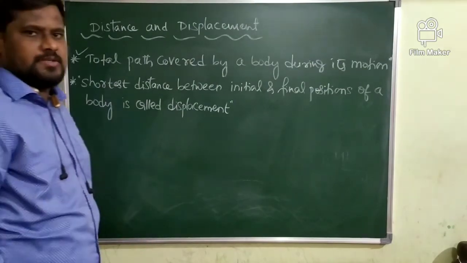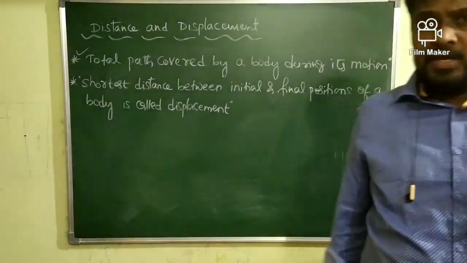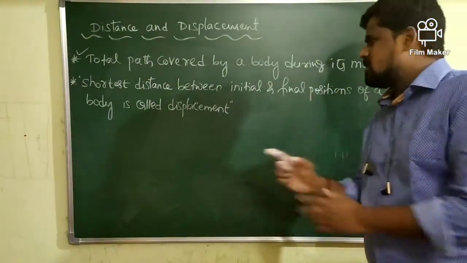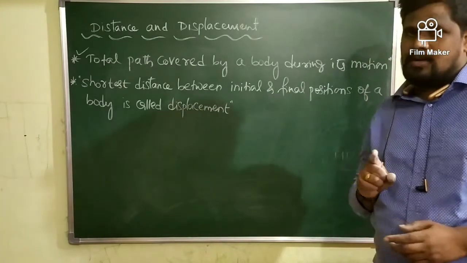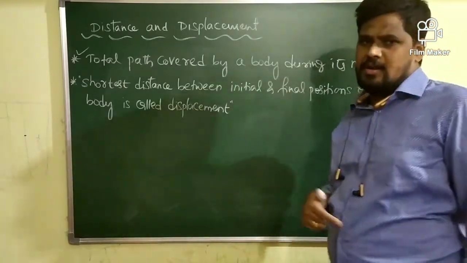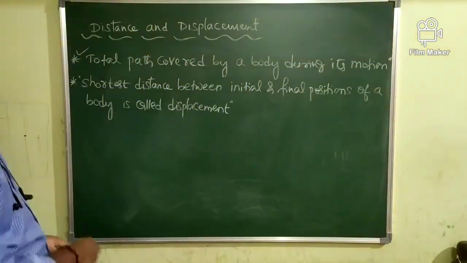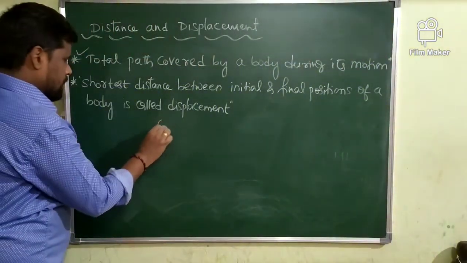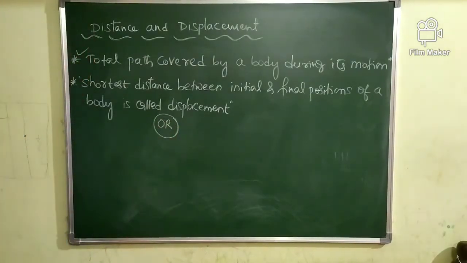Then what is displacement? Displacement is the shortest distance between the initial point and the final point. The shortest distance between the initial position of a body and the final position of a body we call displacement.